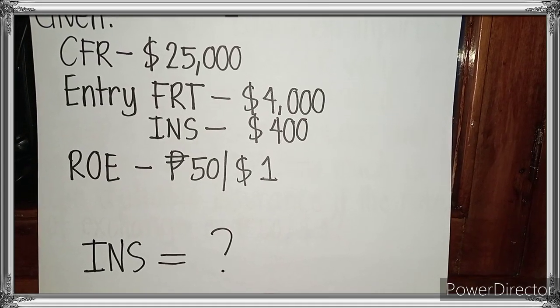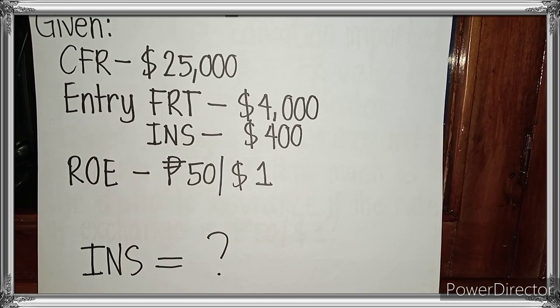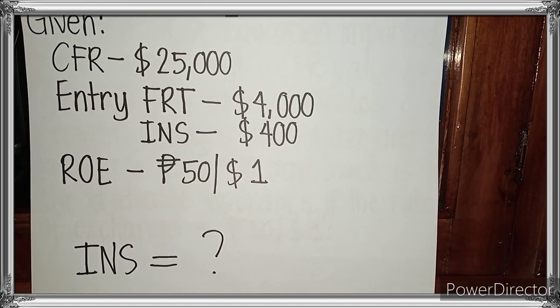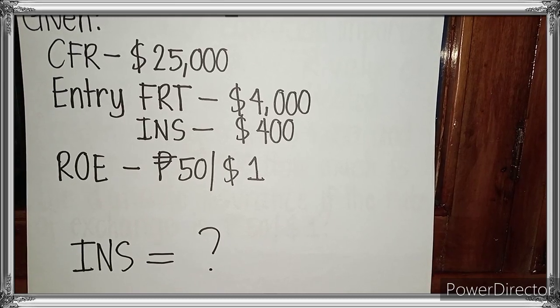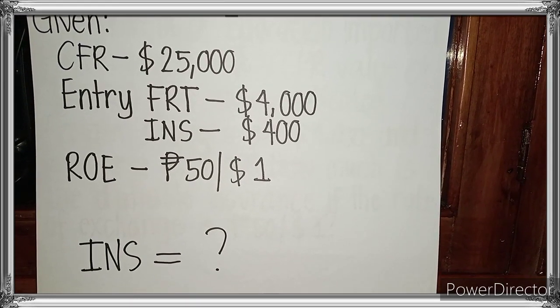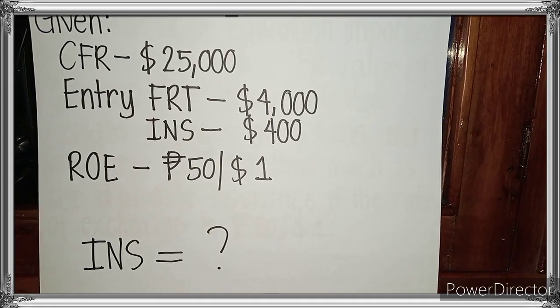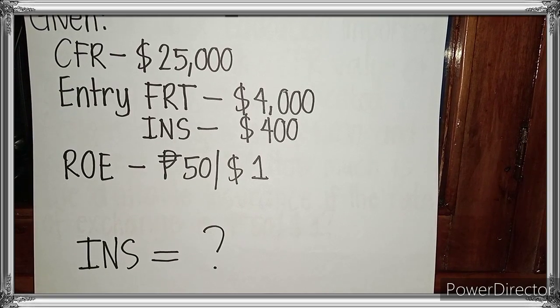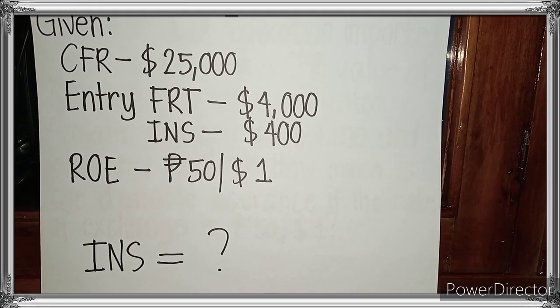We now have the given: a CFR value of $25,000, the entry freight and insurance of $4,000 and $400, and the rate of exchange of 50 pesos per $1. The unknown here is the insurance of the problem.